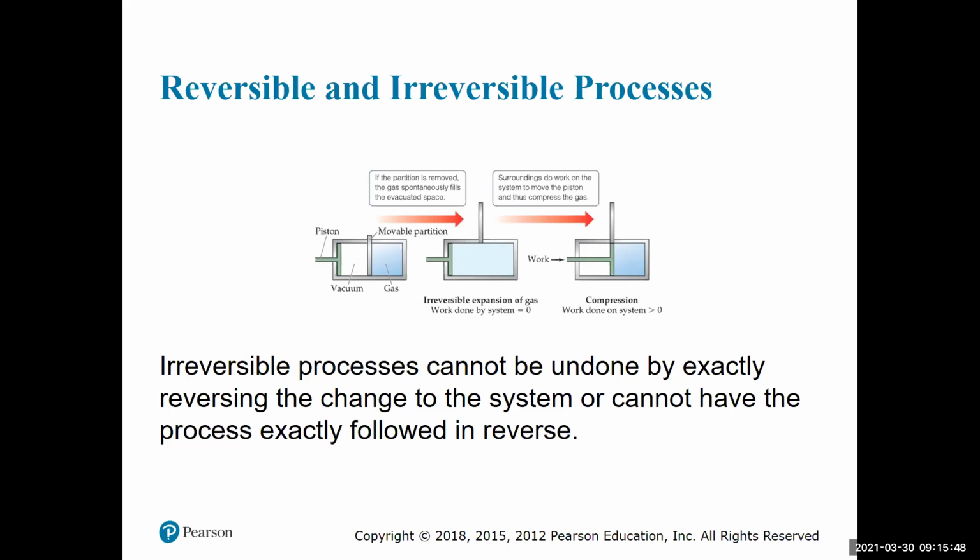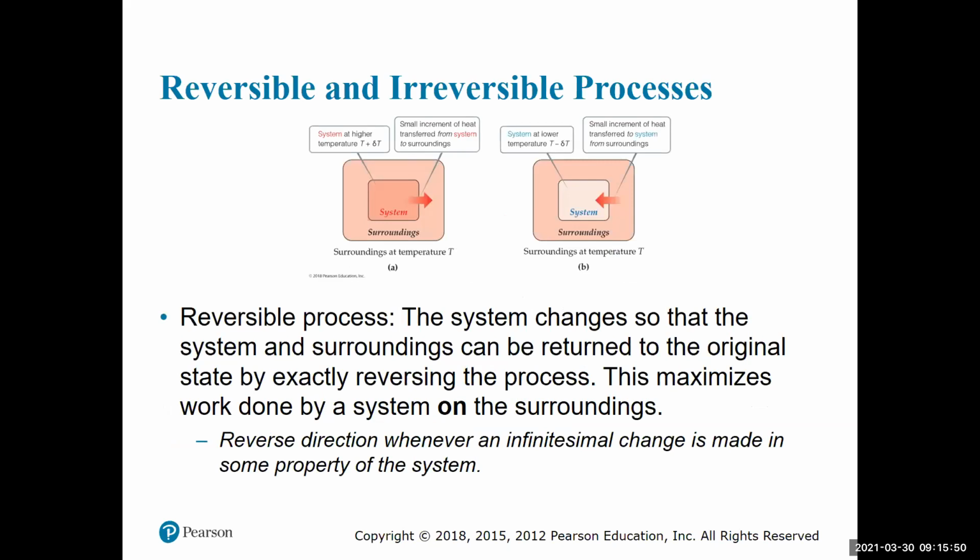It didn't happen normally. Whereas we looked at these examples for the reversible process where we had a little bit of increase in heat or decrease in heat in the system, and then we saw the surroundings was able to just compensate for it without us doing anything.